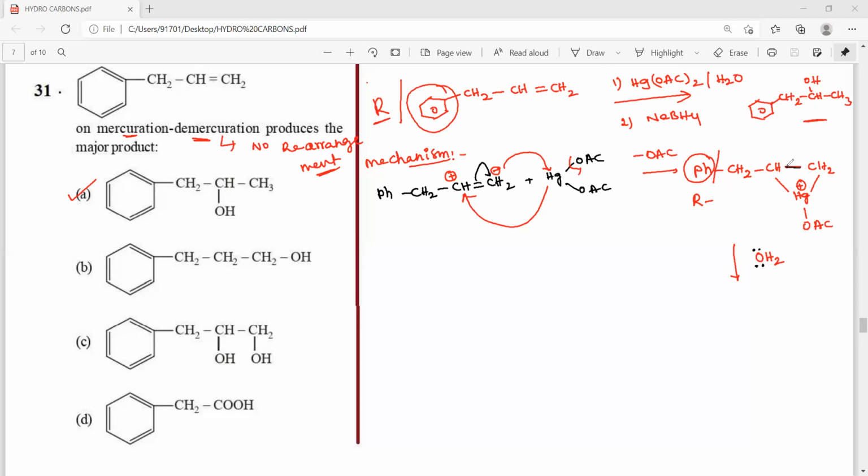Now we want to break this bond, the cyclic ring. If this bond breaks, it produces a secondary carbocation, so a carbocation intermediate forms here also.